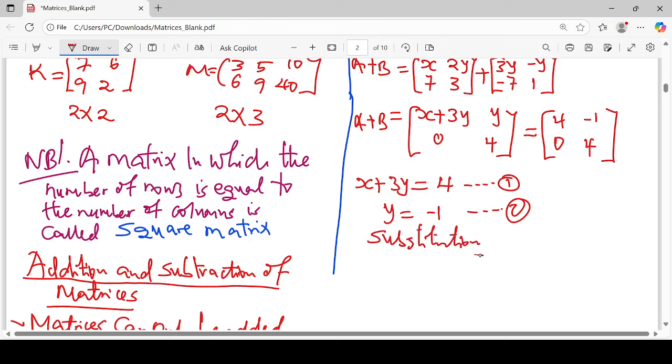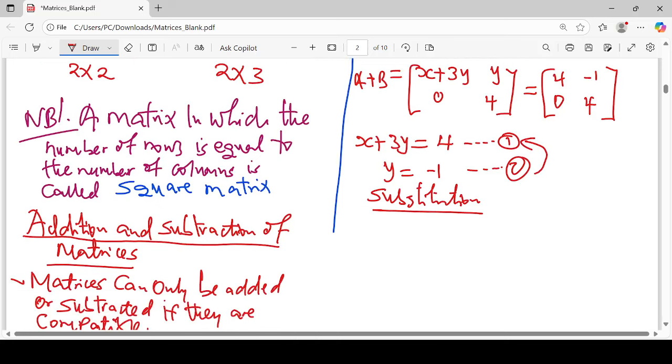When I apply the substitution method, I'm going to substitute equation 2 into equation 1. Wherever there is a y, I'm going to input -1. So this is now x plus, instead of 3y, 3 into -1, being equal to 4. Opening the brackets, this will be x minus 3 being equal to 4.